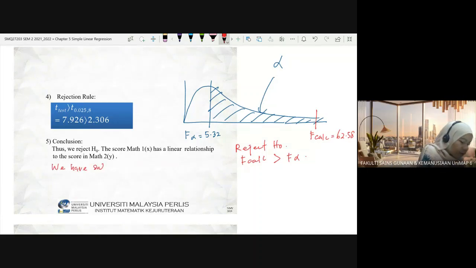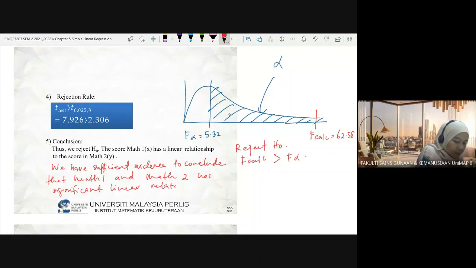We have sufficient evidence to conclude that Math 1 and Math 2 have a significant linear relationship. Okay, so that would be our conclusion.